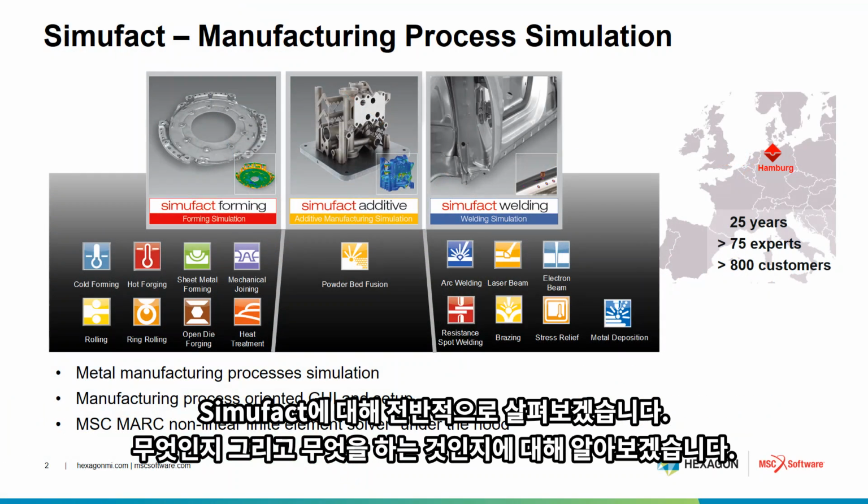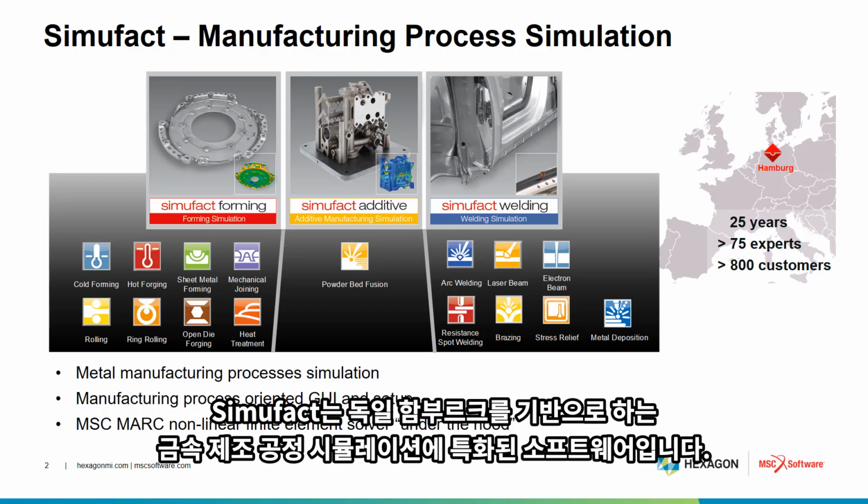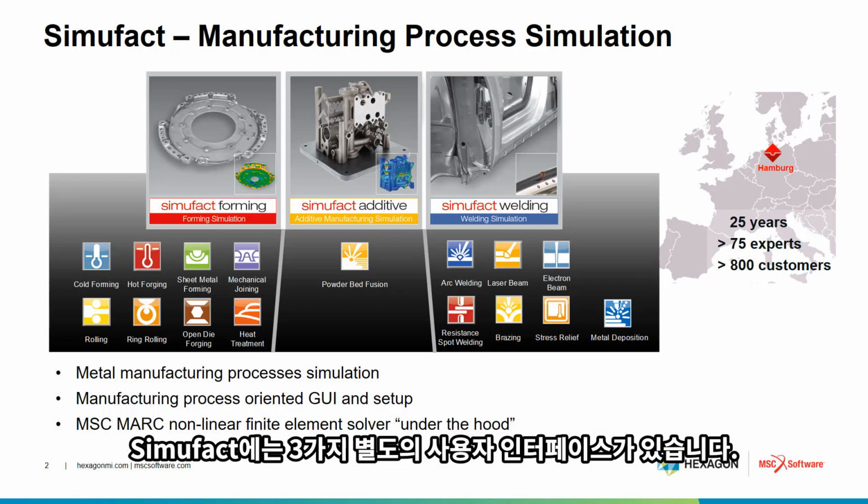Let's take a look at Simufact overall, just so that you have an understanding of the breadth of what it is that we do. Simufact is a dedicated metal manufacturing process simulation software based out of Hamburg, Germany. There are 3 separate user interfaces within Simufact.